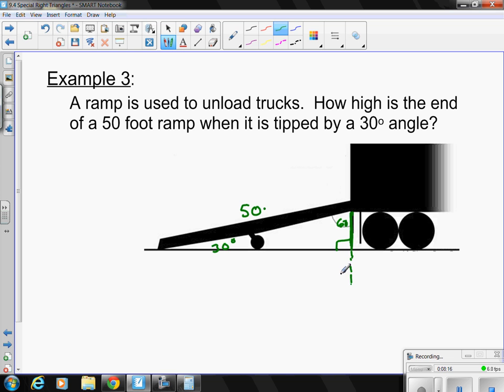If I extend that down, here's the other side of that equilateral triangle. So if this is 50 feet, this has to be half of that, or 25 feet. Okay, that's how high that would be. So obviously this is not a 30-degree angle, but it makes for a good problem.